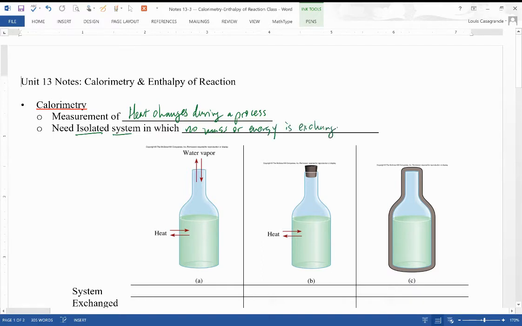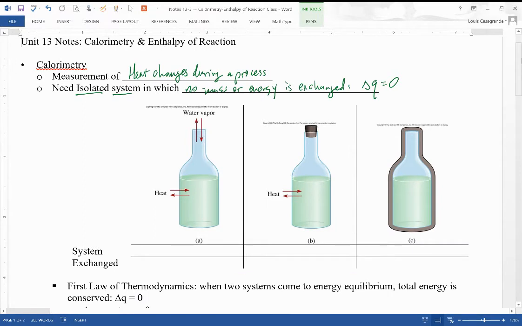And one of the important aspects of that is that the delta Q, the change in the energy inside the isolated system, is going to be equal to zero. And this is essentially the first law of thermodynamics, which we'll get to in a moment.